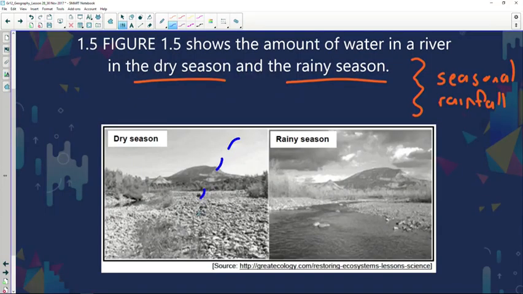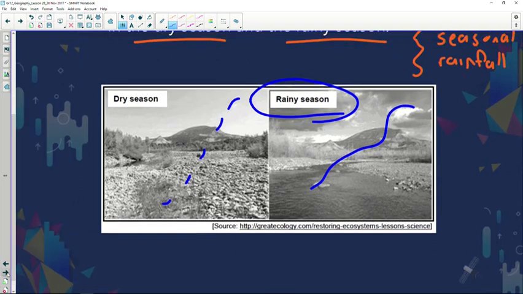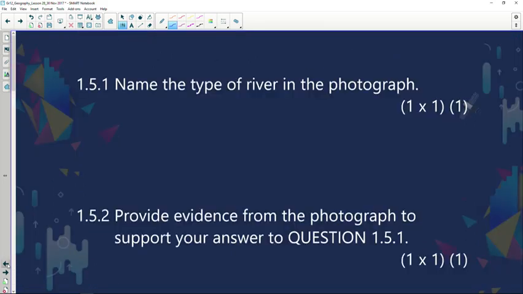And on a map, a non-perennial river would have been a dotted blue line, and a perennial river would have been a solid blue line. In this case, what we're basically witnessing over here is a non-perennial river, because as you can see, it only flows during rainy season. Okay, now the question that follows, question 1.5.1, name the type of river in the photograph.